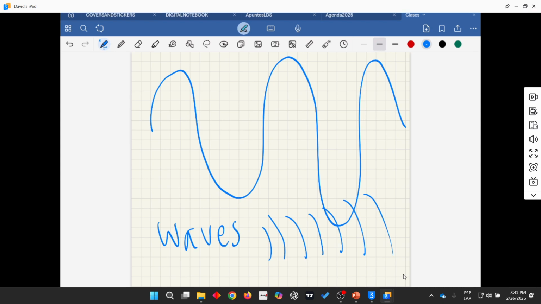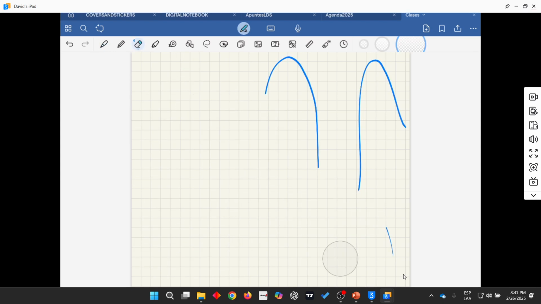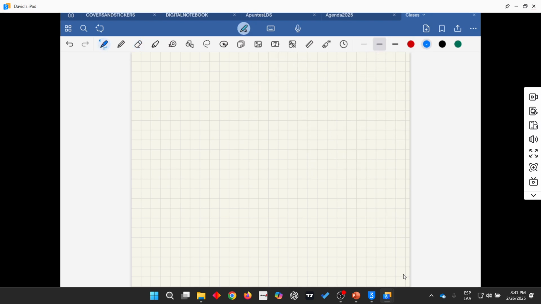The computer cannot understand this, so for this reason, those waves must be translated to a computer language. Let me show you here. Let's suppose this is the waves of my voice, and this is recorded by my microphone.